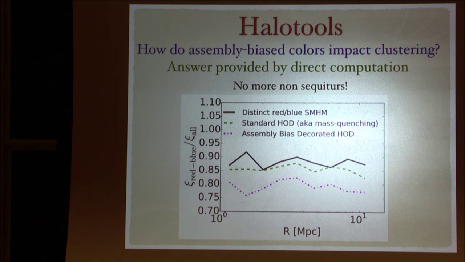I've just focused on 2-point clustering just because that's a very simple and familiar exercise, but you can use the code to compute anything that you want in a mock catalog, anything that you can compute in a periodic box. So you can then tailor your statistic for a given science target, specifically designed so that you can come up with the best constraints for the set of parameters or for the kind of model that you're interested in studying. So that's the basic program here.